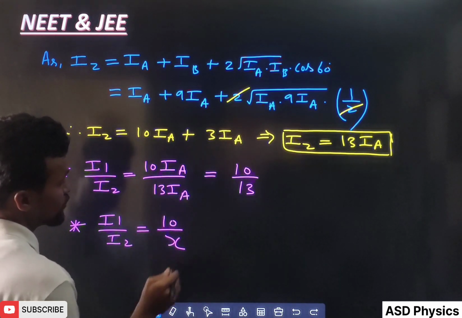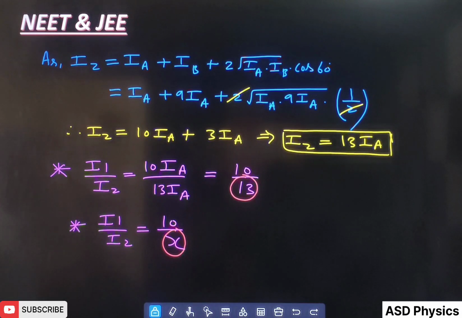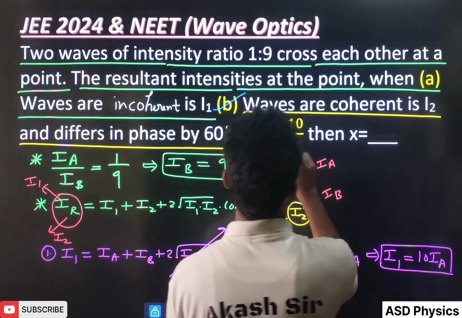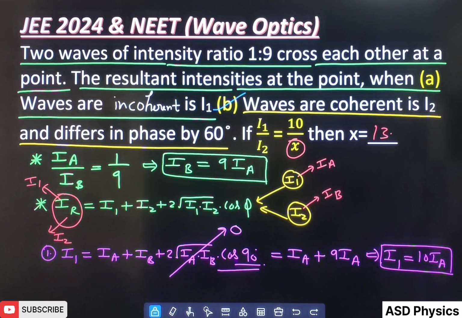So comparing, what is the value of x? If you see from here, the value of x will be 13. Can you see it very well now?